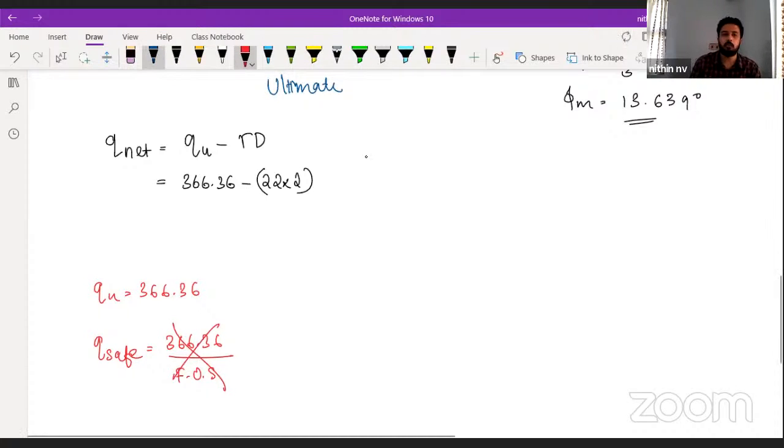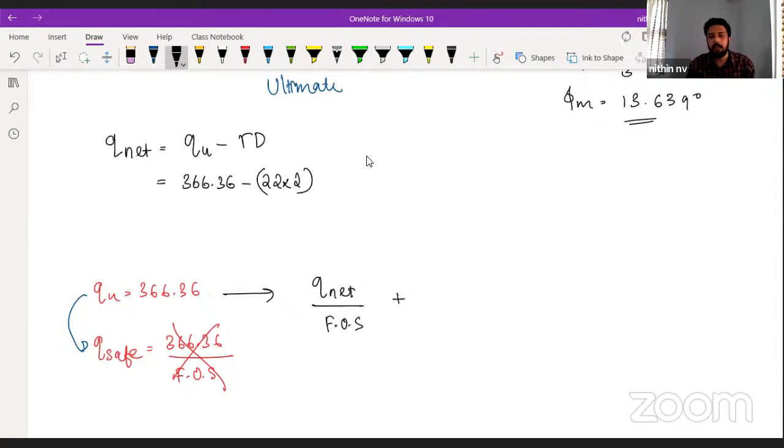If you want to find the Q safe value, first we have to calculate Q net, then divide with the factor of safety, then add the gamma D value back. We subtract gamma D to make Q net, divide by the factor of safety, then add gamma D. Simply, QU is equal to Q net plus gamma D.